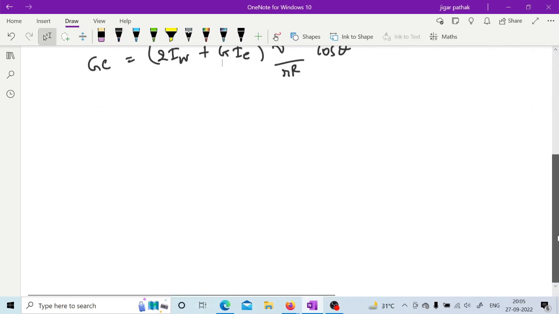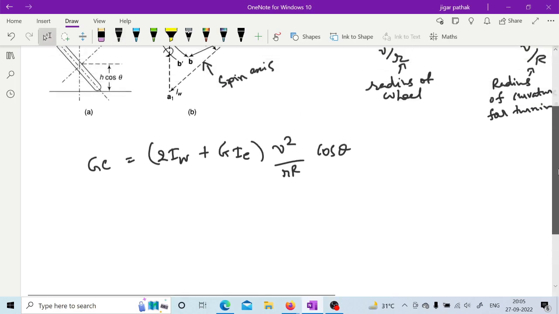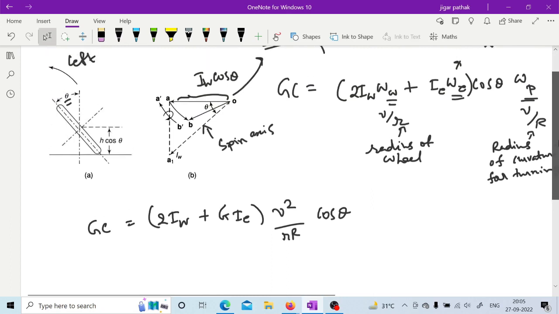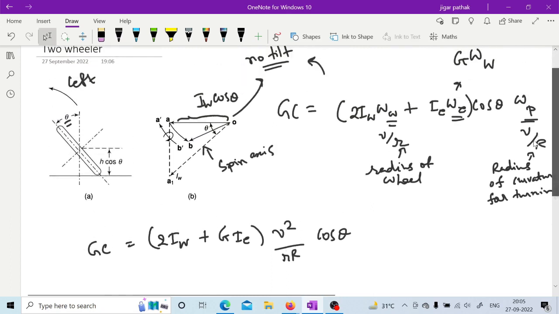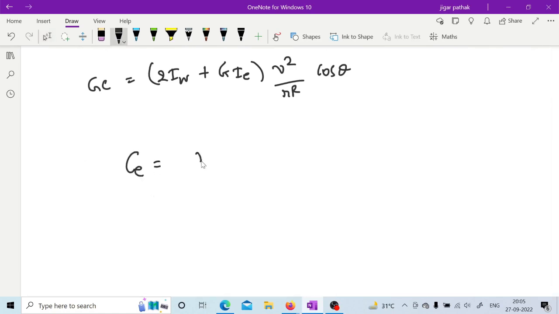In case of this two-wheeler also, you are having that centrifugal couple. It is not shown in the figure, but in that case, for that centrifugal couple, it will be m v square upon r into cos theta.